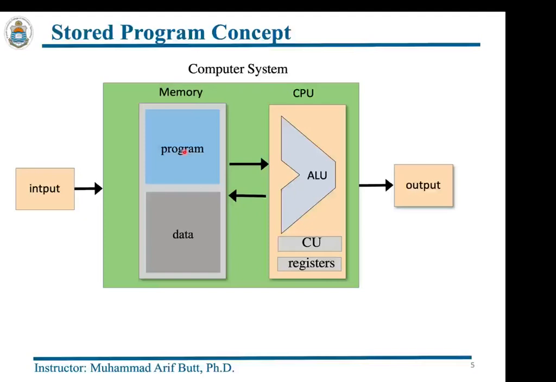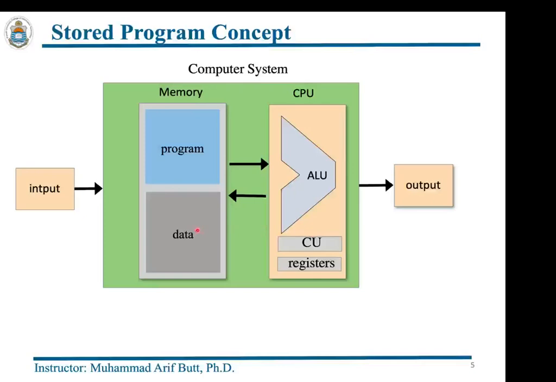Right now, just remember that this control unit over here inside the CPU is responsible to fetch an instruction from the memory, will decode it, and then may fetch the data or the operand on which the instruction needs to operate.